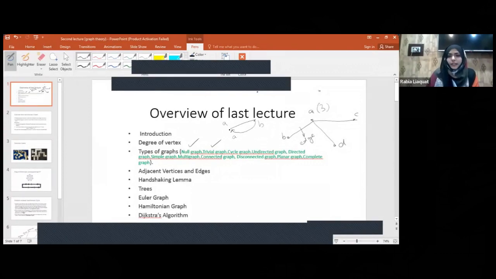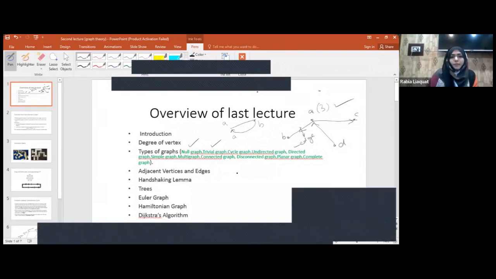Then the undirected graph, where there is no mention of any arrow. For example, this is an undirected graph. And then the directed graph. For example, if we have an arrow from A to C, an edge from D to A, and a direction from A to B, this is a directed graph.